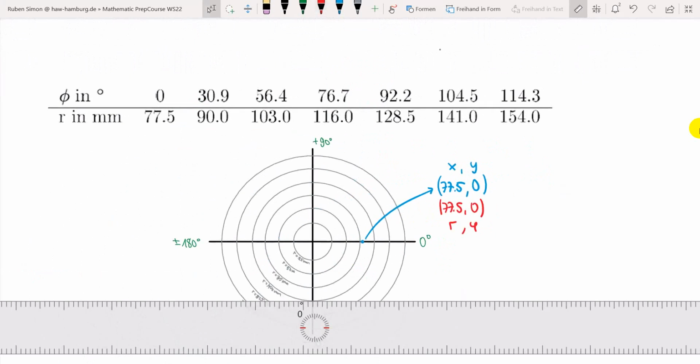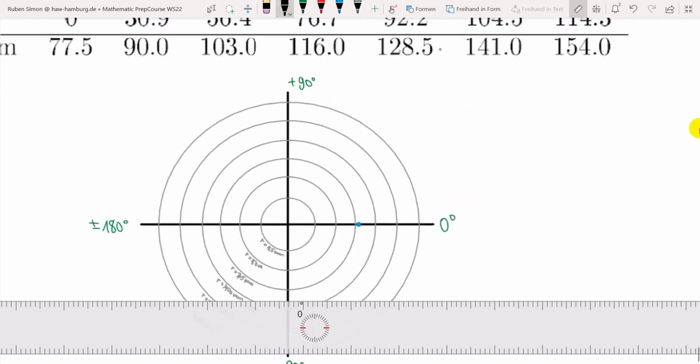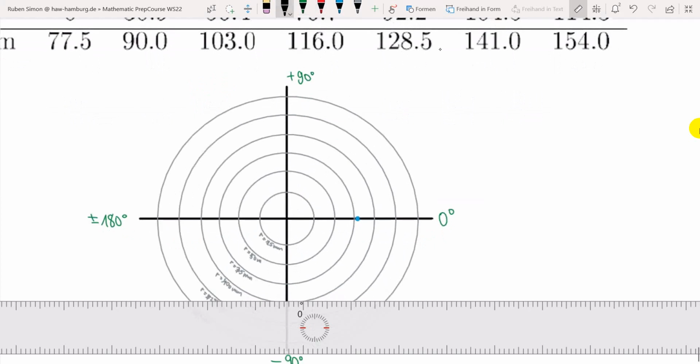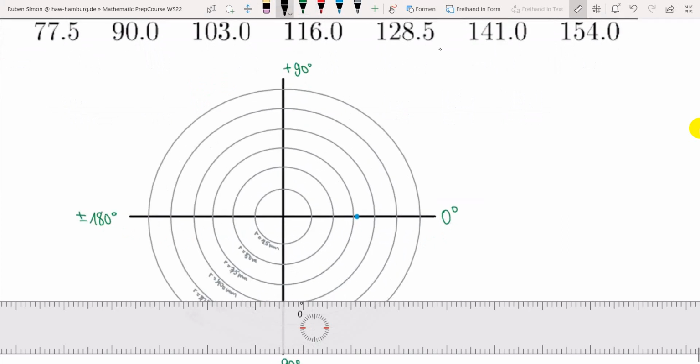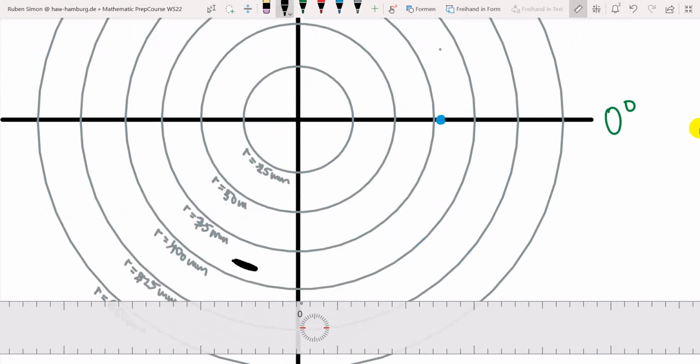As I said, the transformation between these two systems, we will do at another point. So yeah, it's correct. All right, let's go on with the next point. The next point has an angle of 30.9 degrees and 90 millimeters in radius. So 90 millimeters in radius is somewhere on this circle, in between 75 millimeters and 100 millimeters.